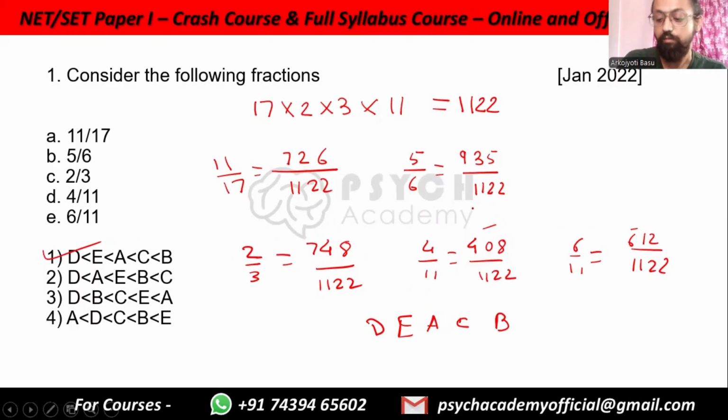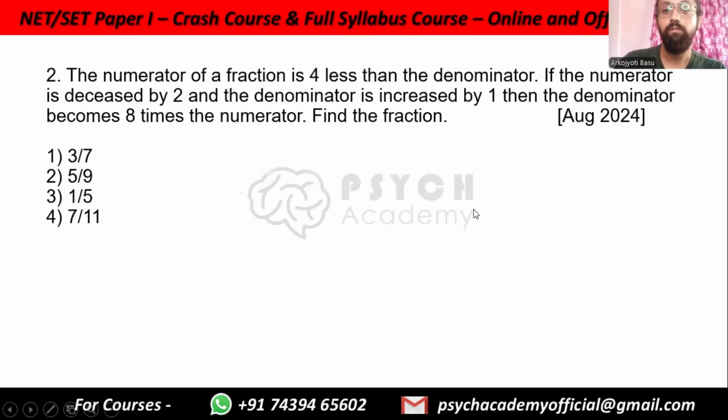Next, I'll turn down the video a bit so we can see the whole question. The numerator of a fraction is 4 less than the denominator. If the numerator is decreased by 2 and the denominator is increased by 1, then the denominator becomes 8 times the numerator.